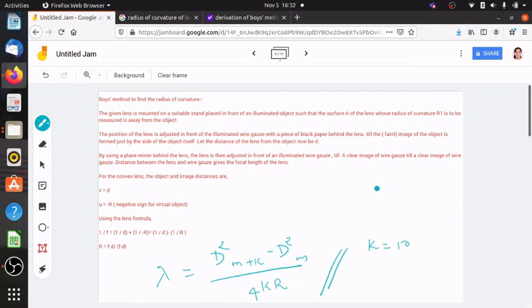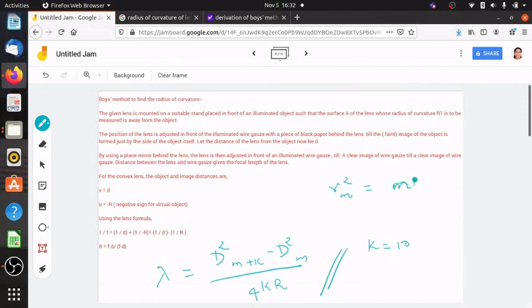So rm square can be written as m r lambda by n, where n is the refractive index of the liquid.